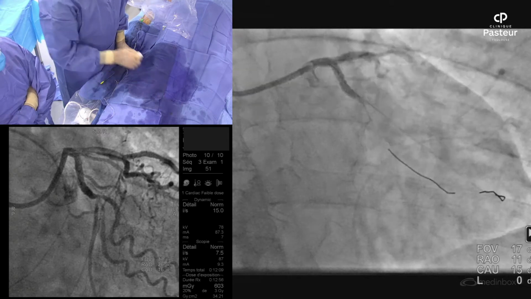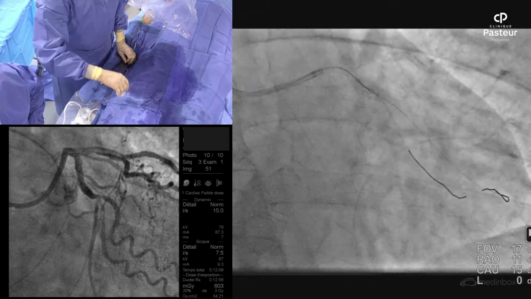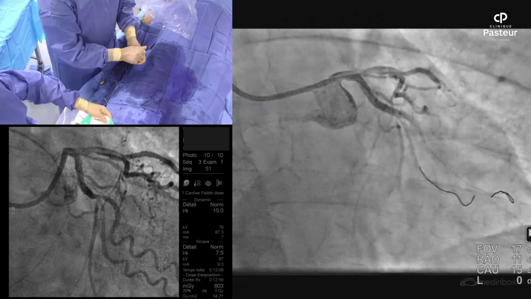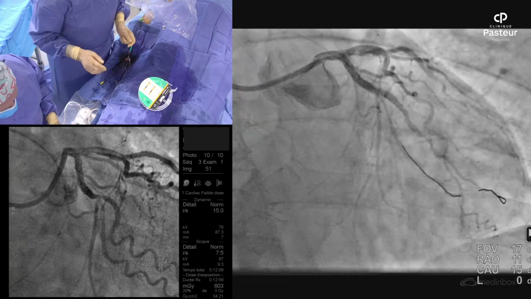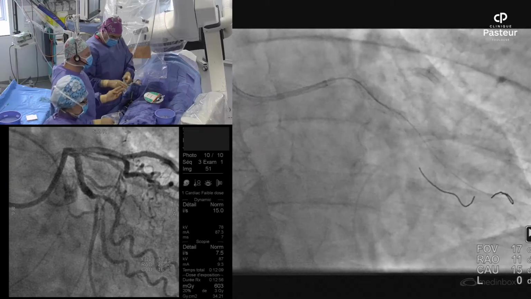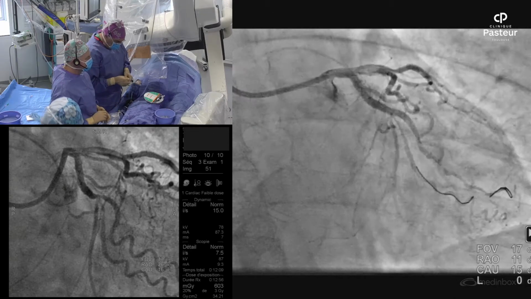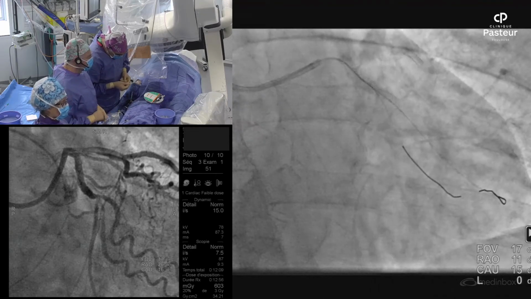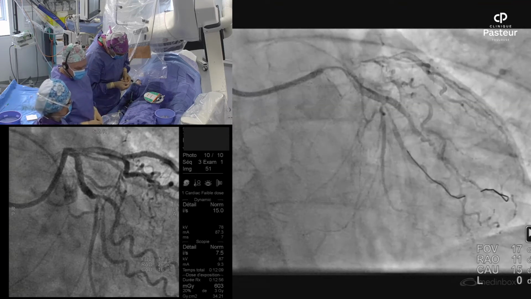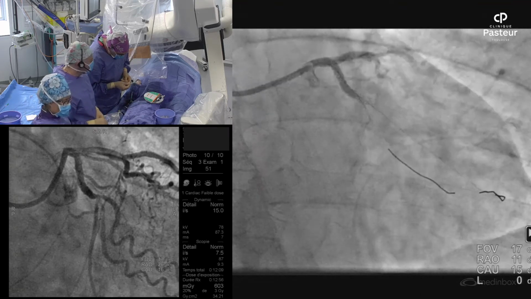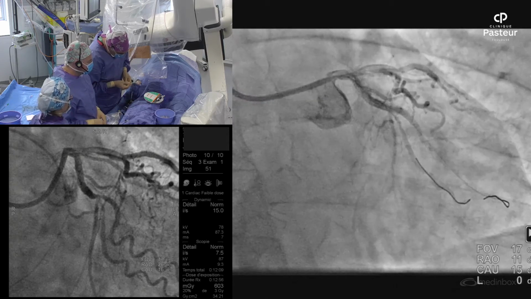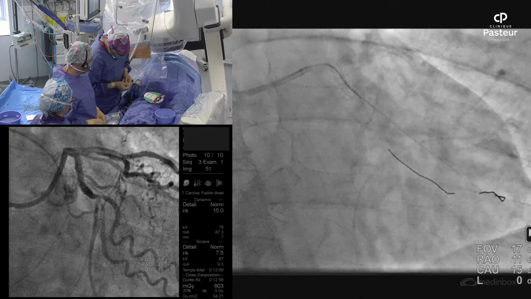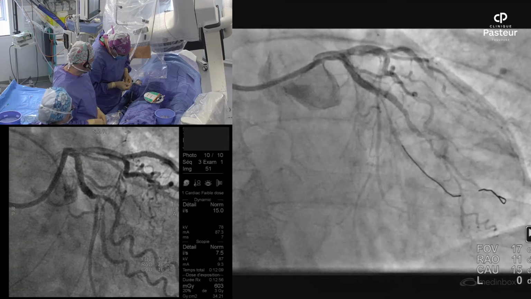So what you can do now is to advance the 3 mm. So we will do the POT, and after that, we will take a third wire in order to cross the struts of the stent, place the third wire in the second OM, and then after that, we will remove the jailed wire.